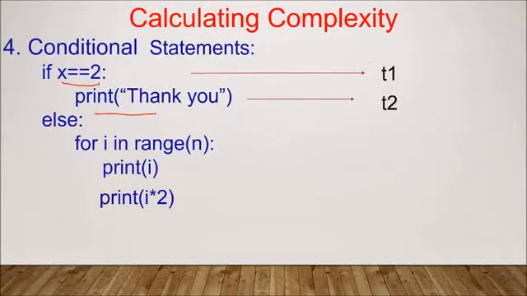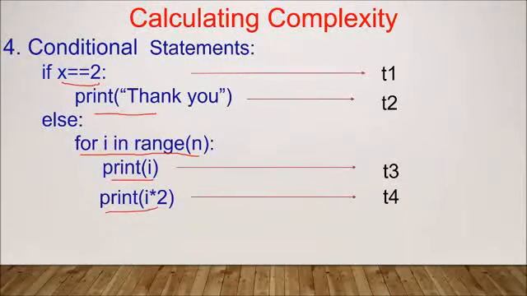So in all, how much time will be needed? t1 plus t2. And if else is executed, in that case, this loop will execute. This loop will execute n times, and constant time will be required to print i and print i into 2. Suppose t3 and t4.